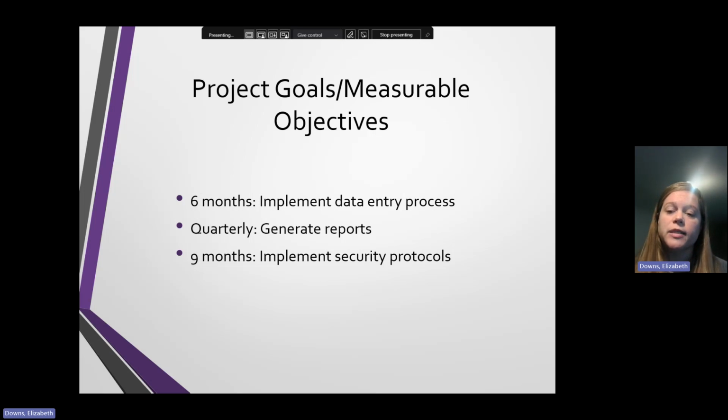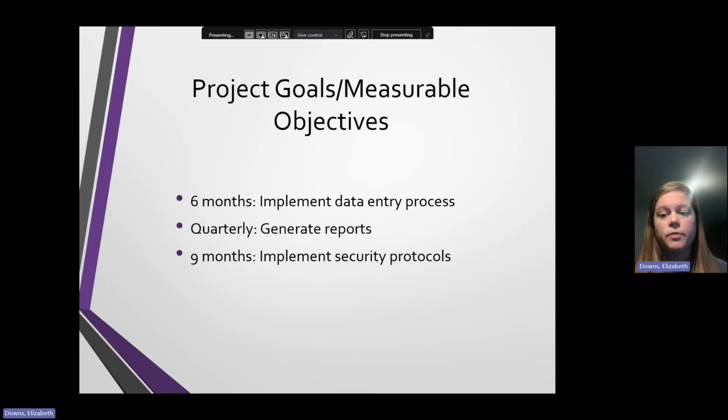Also, a project objective is to generate customizable reports and analytics for healthcare administrators to analyze post-procedure rates quarterly. Lastly, our objective is to ensure data security and compliance with healthcare regulations by implementing encryption protocols and role-based access control within 9 months.